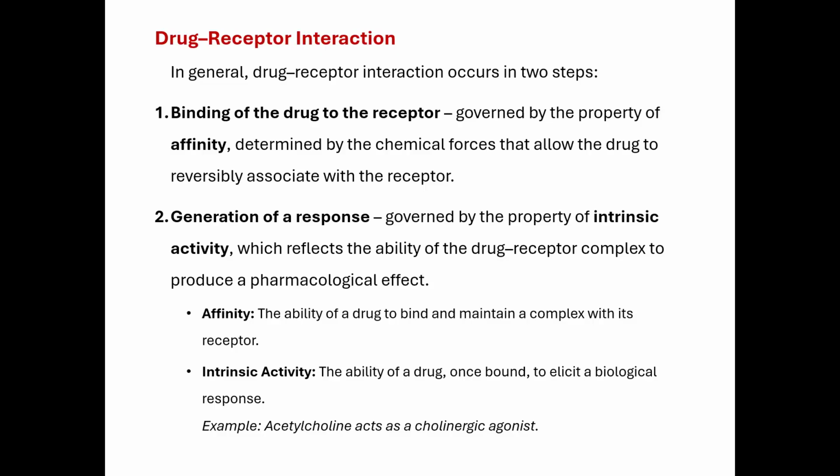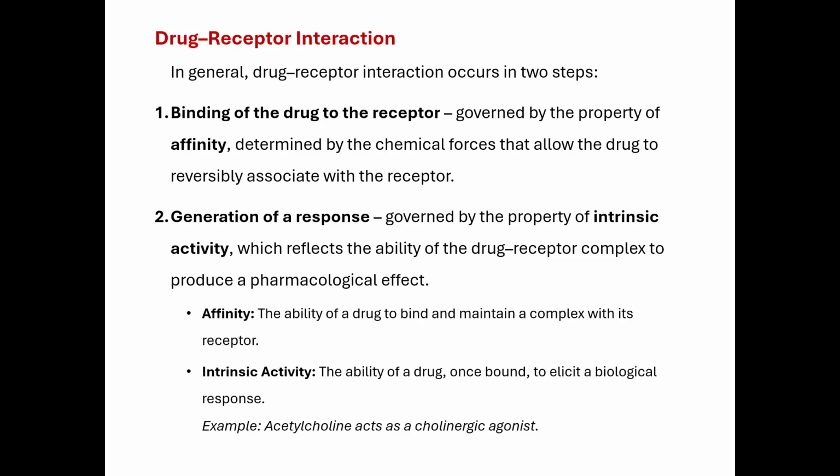So those are basically the two steps that are very crucial as far as drug receptor interaction is concerned: the binding, which we always take as affinity, and then the response that is generated, which is the intrinsic activity.